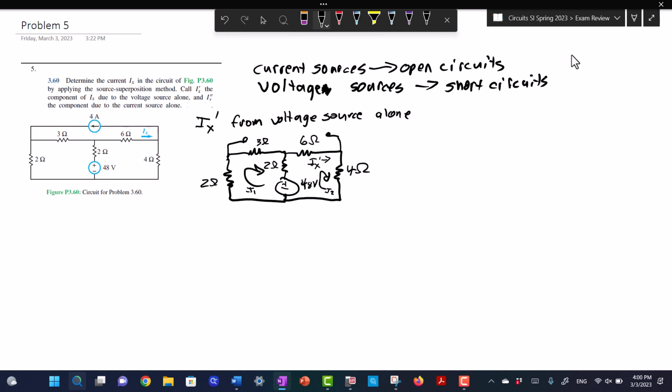And so going around that first loop, I have 2I1 plus 3I1 plus 2 times (I1 minus I2) plus 48 equals 0.